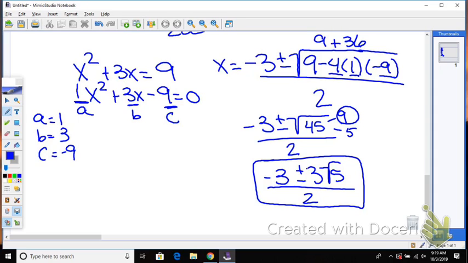I'm going to let you choose. That's how my work is, or you can write it as a decimal. In that case, you would type in your calculator -3 plus the square root of 45, then enter, divided by 2, or I would maybe simplify the radical. I think all of the ones today are pretty easy to simplify.